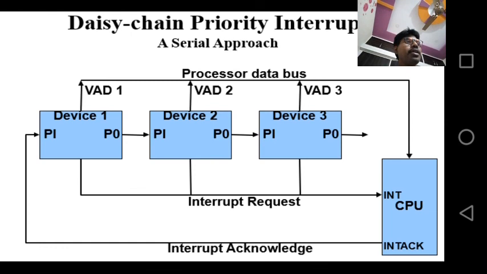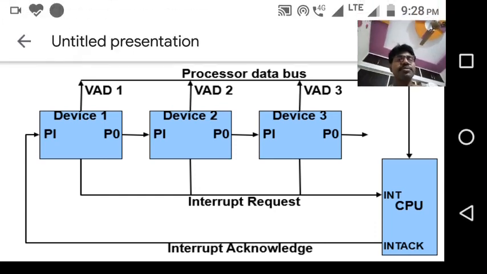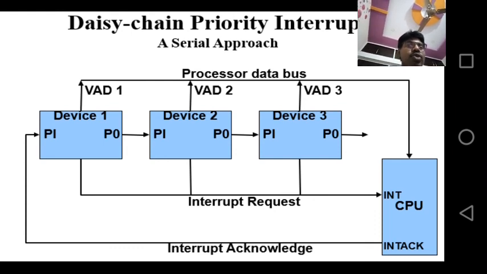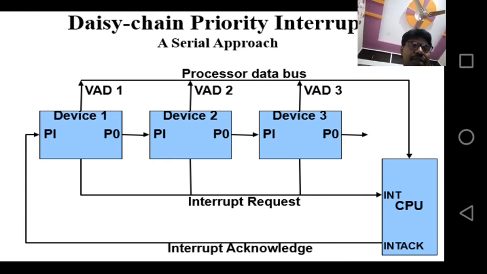Remember, we have to handle multiple interrupts, and handling multiple interrupts is a difficult task which is handled by the processor itself. When the processor has to handle multiple interrupts, it has two techniques. One is a software technique, where the programmer has to take care: by running a program, the processor polls each device.